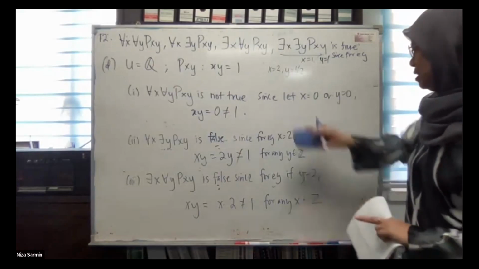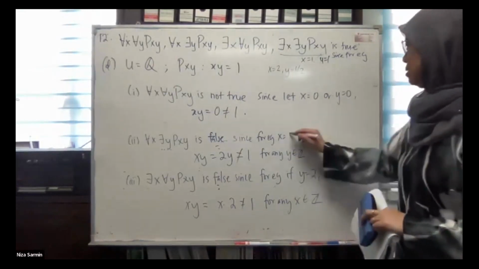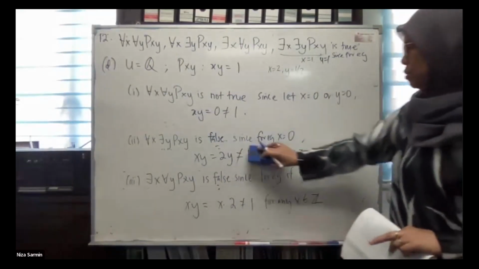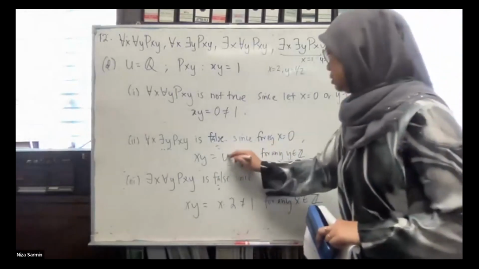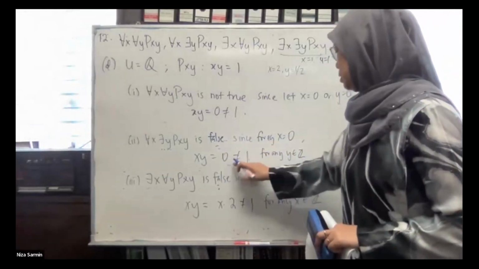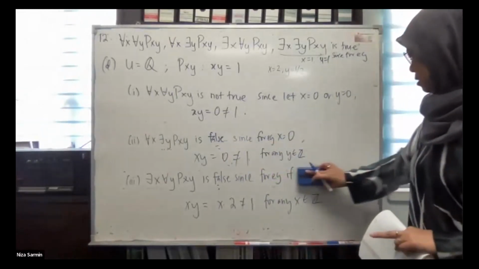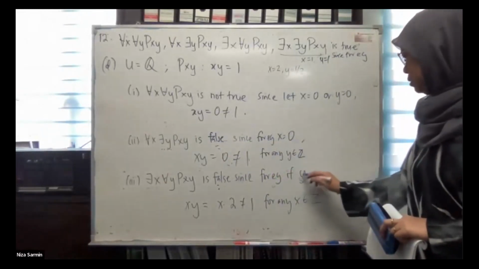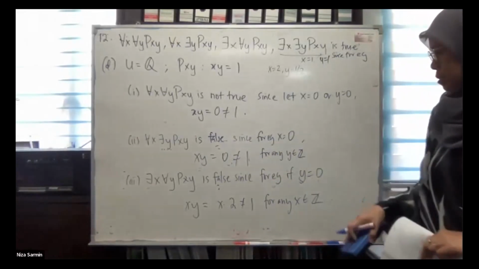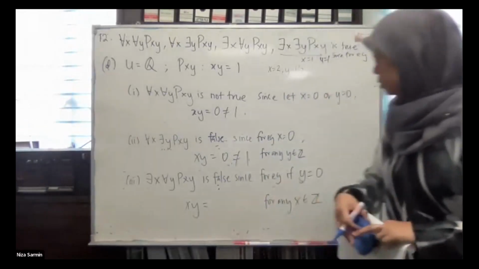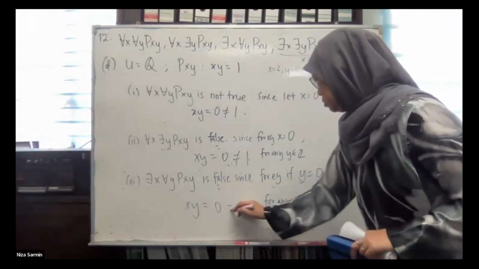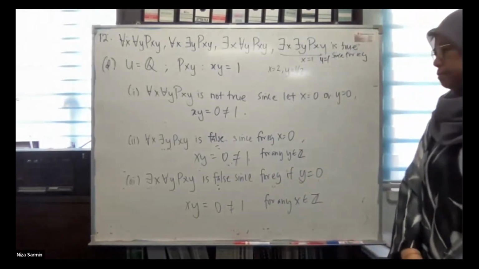If x is 0, this is 0, not 1. This is also false. If y is 0, it's the same, equals 0, not 1.